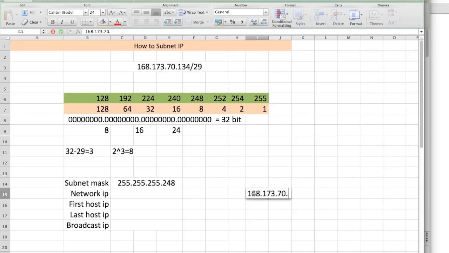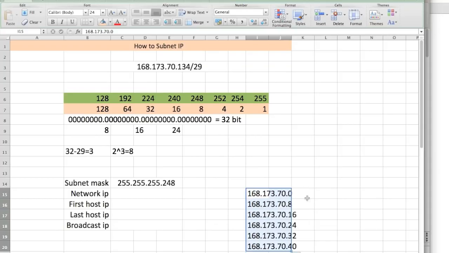Now here's the thing, 70.0, right? 168.173.70.8, because remember they increment by 8, right? And we just go down 16, 24, 32, 40, so on and so forth, right? Because they keep incrementing by 8.